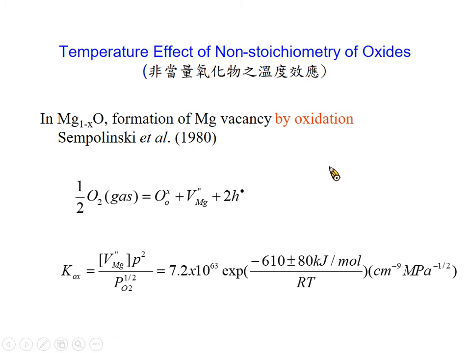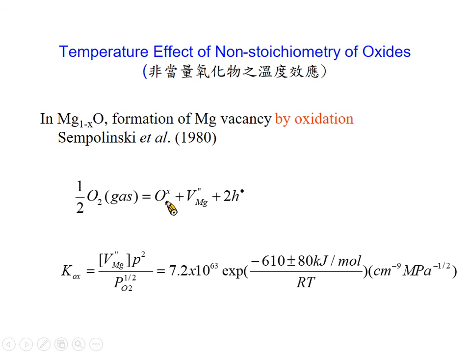How about the temperature effect of the non-stoichiometry? The defect reactions form at different temperatures. So the most important parameter for the defect reaction is the temperature. The second is the oxygen partial pressure. If we take magnesium oxide as the case, we can formulate it by the oxidation of the magnesium. When we have the oxidation, we take the oxygen molecule from the air to the lattice.